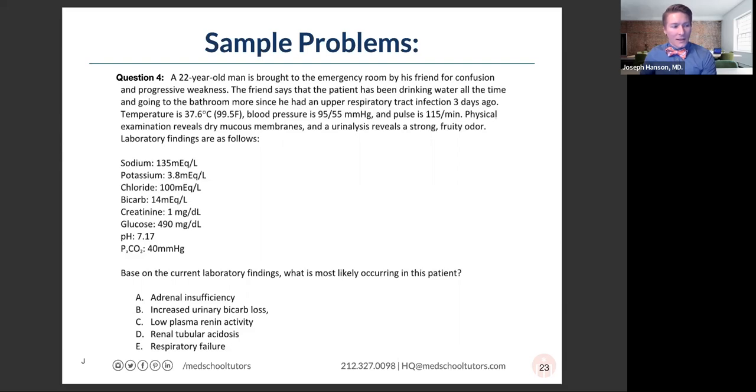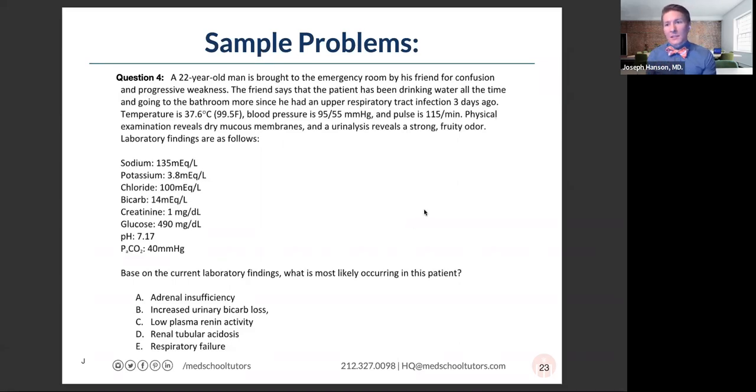Good, good, excellent, awesome. There's two ways to say this. You guys are nailing both of them. You can either say that this person is not compensating, correct. I mean, one thing you could look at here is this person has diabetic ketoacidosis and their CO2 is 40. They should change a little bit, right? They should try to compensate because, as we said before, on the exam, it should not take any time for respiratory compensation.